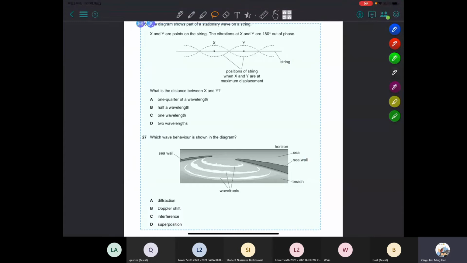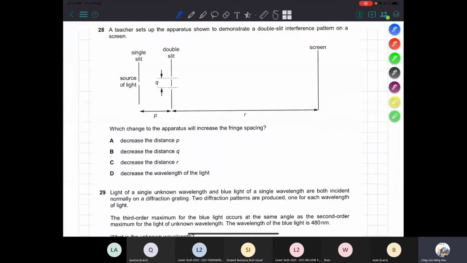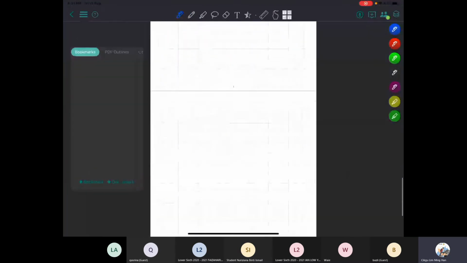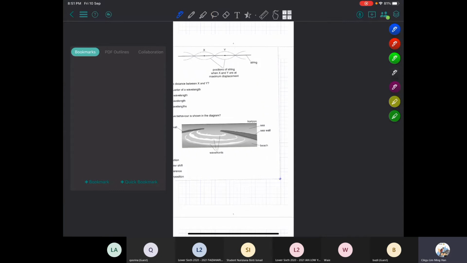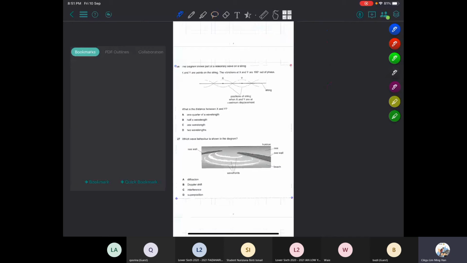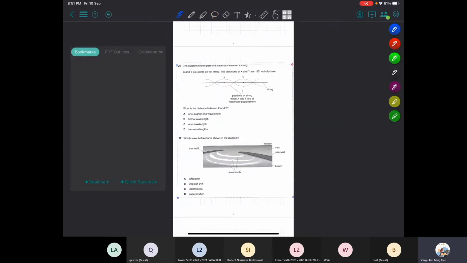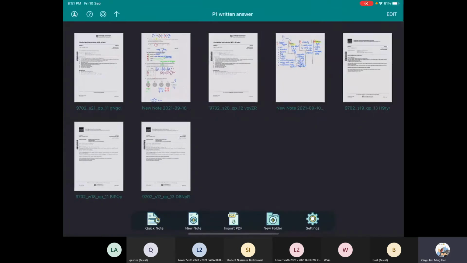The cut is fine, never mind. We can still see. So this one, I'll make it a bit bigger. Oh, too big. Then come back here again.